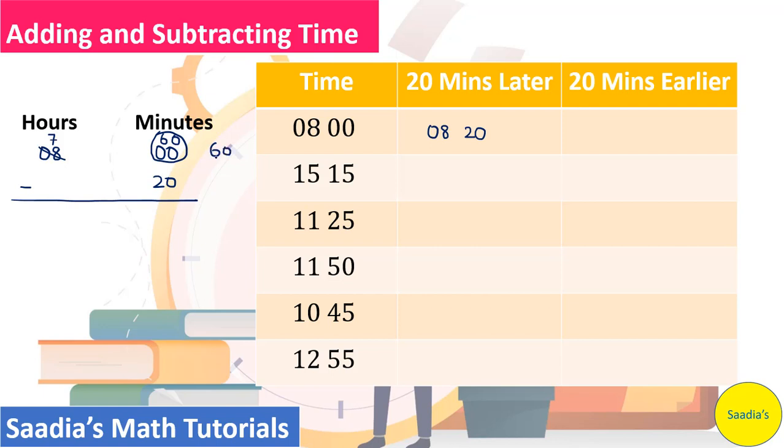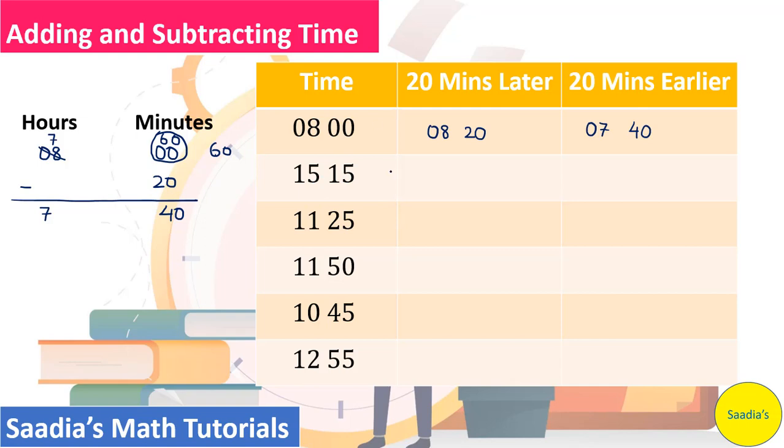So now we have to subtract 20 from 60. 60 minus 20 is 40. And here we have 7. So 7 hours and 40 minutes. When we write it in 24-hour clock format, we will write 07:40. I'm sure you have done it correctly. Okay. Now let's do the other one.